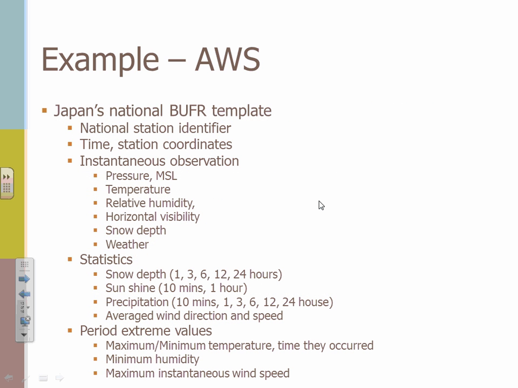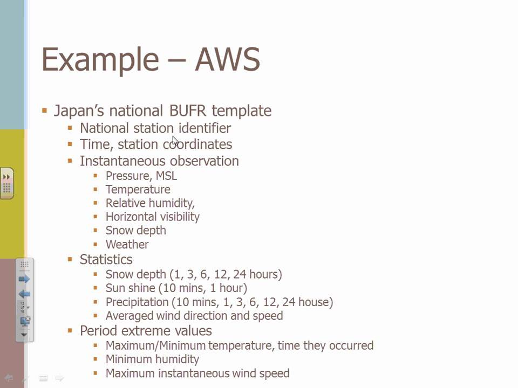So as a contrast, actually Japan is using a national buffer template, using a lot of locally defined descriptors. So for Japan's case, our AWS buffer template includes national station identifier and time, station coordinates.